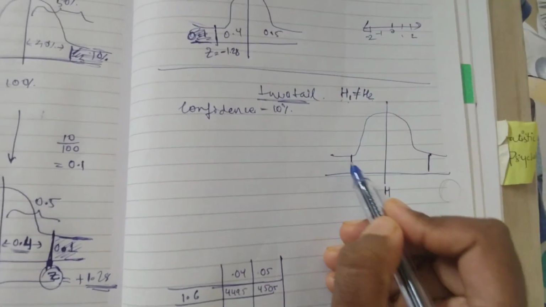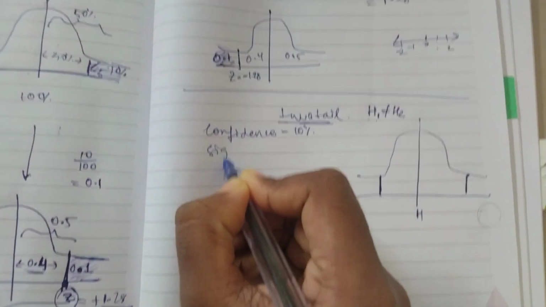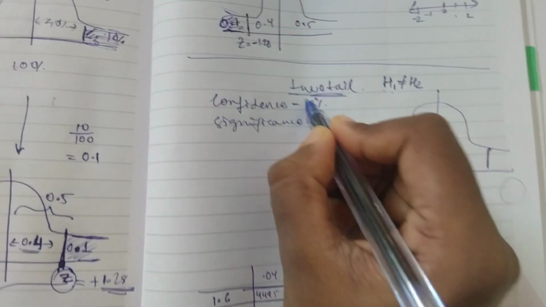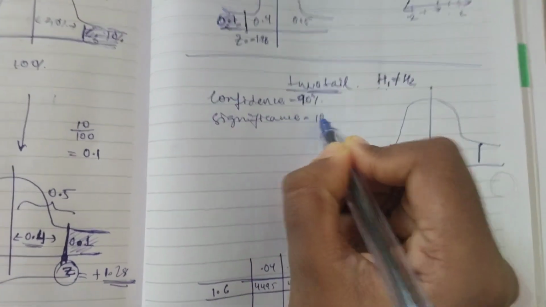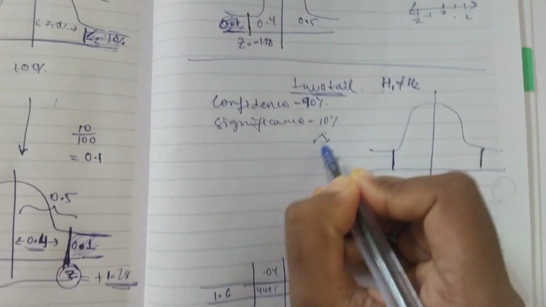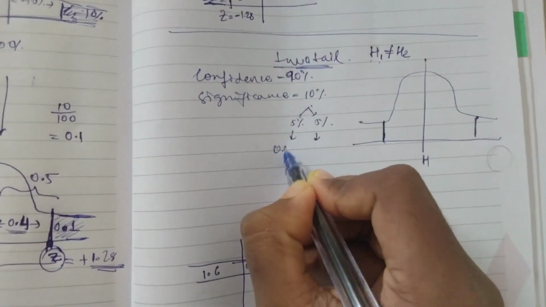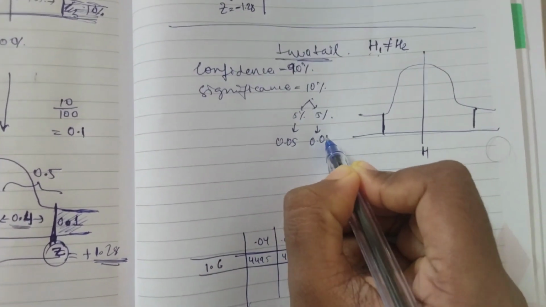When it is not equal to, the significance level is 10%, right? It will be equally divided on both sides, that is 5% and 5%, which will be written as 0.05, 0.05.